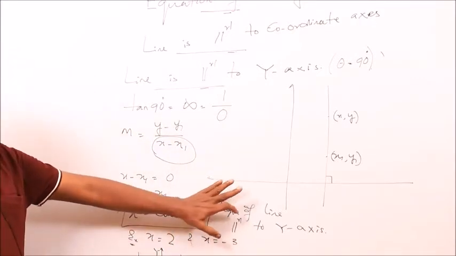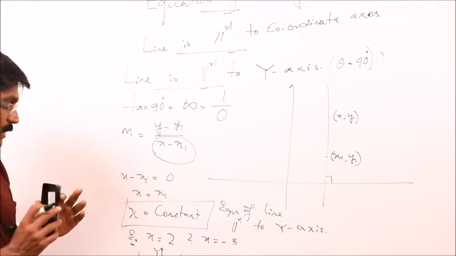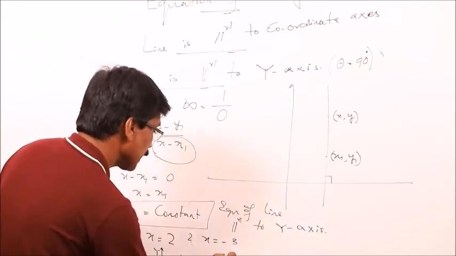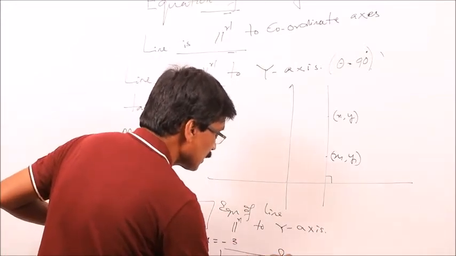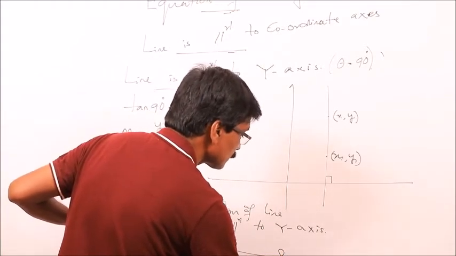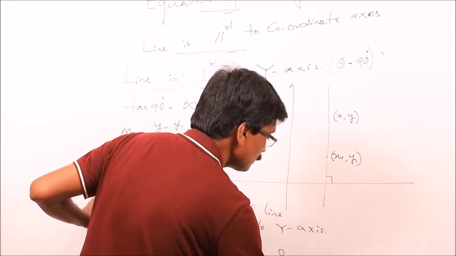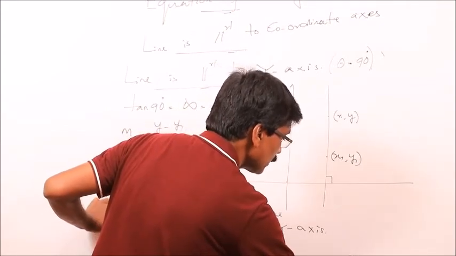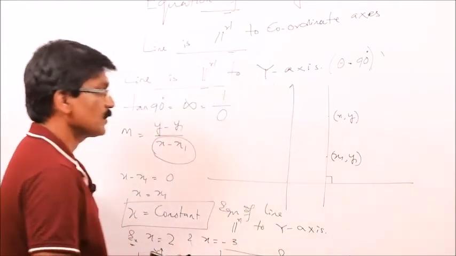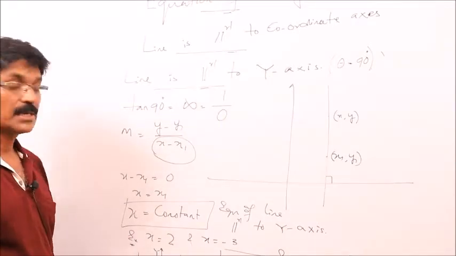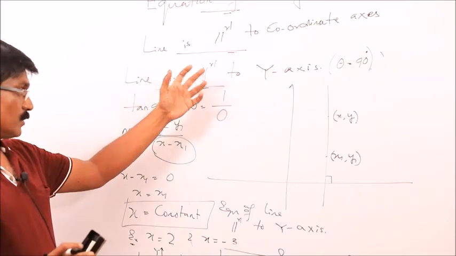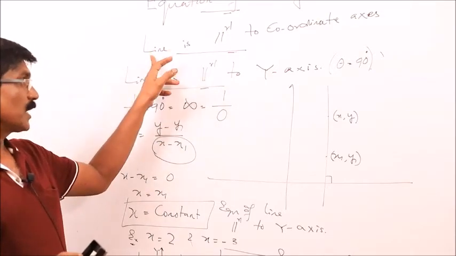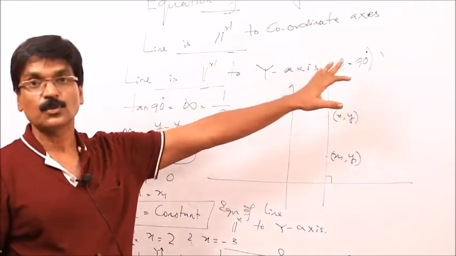So, this is the equation of a line parallel to the y axis, and x is equal to 0 is obviously the equation of the y axis. So, these are the two obvious cases, that is lines which are parallel to a coordinate axis.